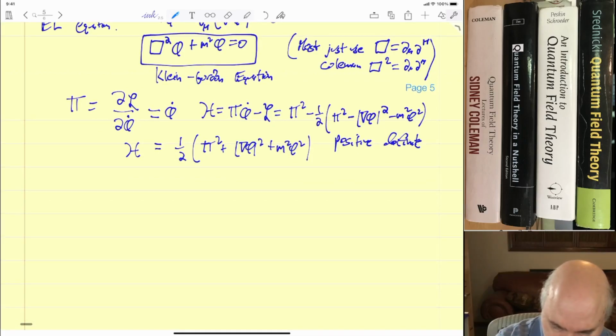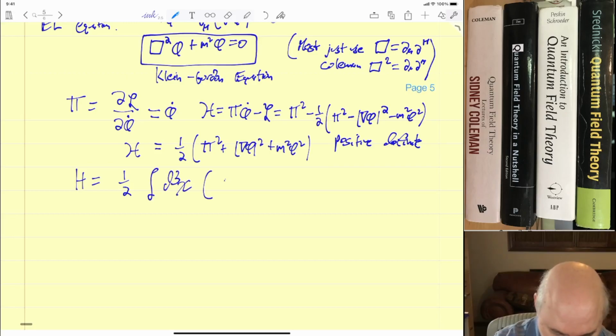Okay, and the actual Hamiltonian is equal to 1/2 the integral of d3x pi squared plus the absolute value of del phi squared plus m squared phi squared. I'm not sure why they use this absolute value notation. I would just say del phi dot del phi, but it seems most of the books use it.